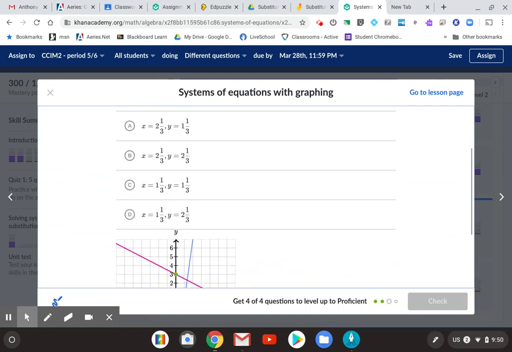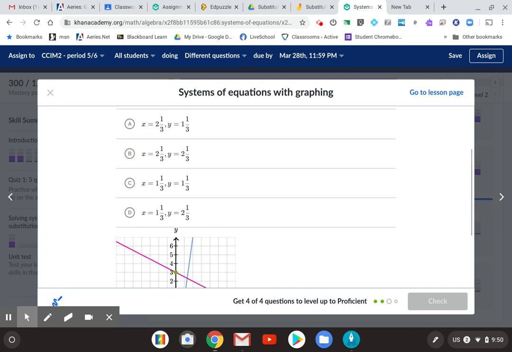So x, definitely not the first two. Definitely not those. So x is going to be 1 1/3. Has to be. Now, the y, we can see it's a little bit above 2. So I would actually pick D on this one.